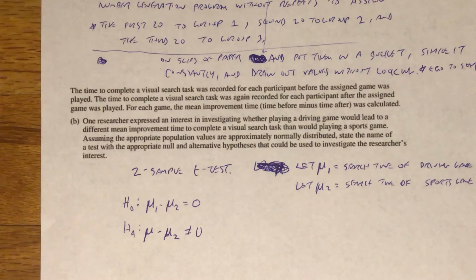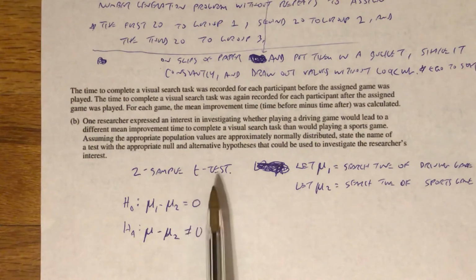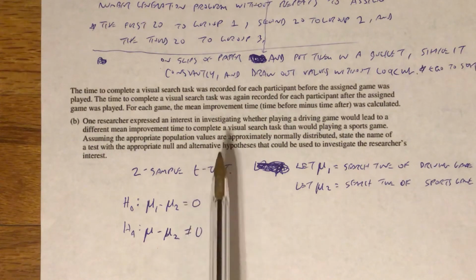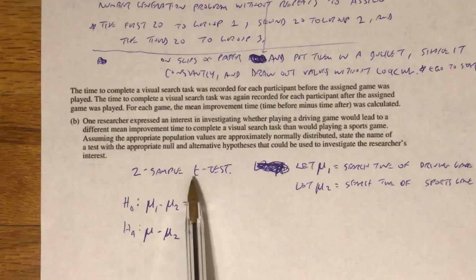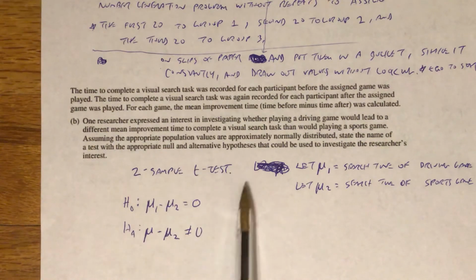If we're looking at averages, we're not doing a two-proportion test because we're looking at means, so we're doing a two-sample t-test. Since they don't say anything about population standard deviation, we're doing a t-test, not z. So this is a two-sample t-test for the mean.